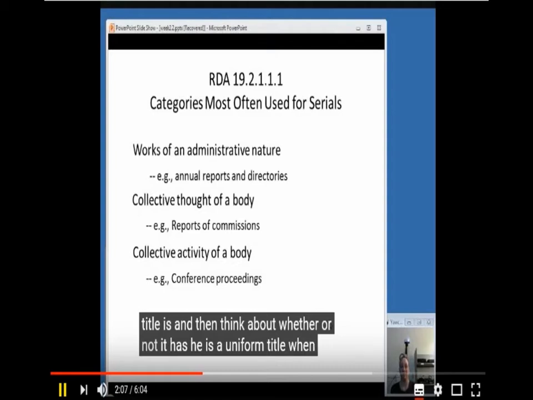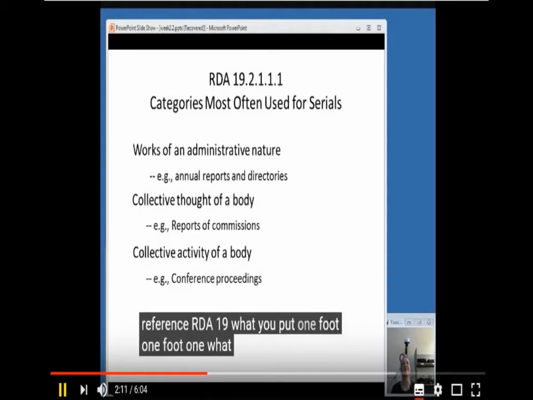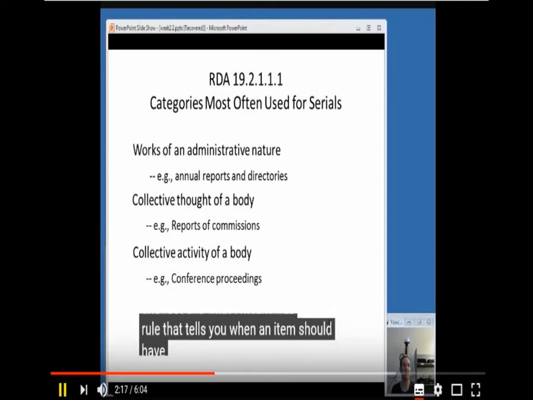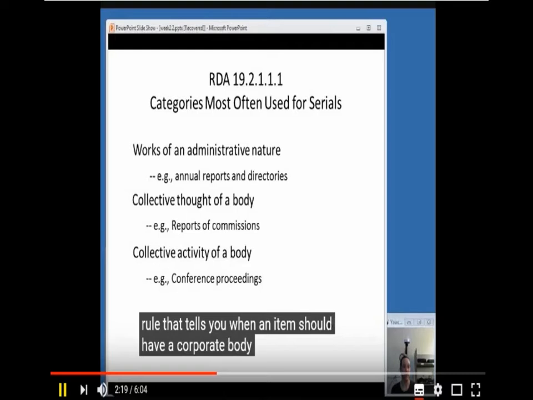When I referenced RDA 19.2.1.1.1, what I meant was the rule that tells you when an item should have a corporate body as a main entry. Just because an item comes from an organization doesn't mean that it necessarily should have that organization considered as its author, basically, is what we're talking about here.